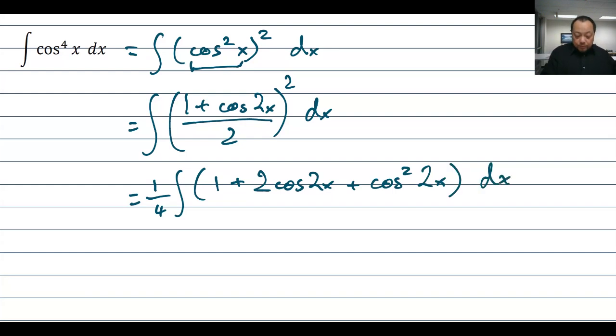All right, the first term, no big deal. Integral of 1 is x. Second one, integral of cosine is some kind of sine. I still don't know how to do this. Cosine squared of 2x. I'm going to do the same thing again. I'm going to apply the same double angle formula again. This cosine squared will become 1 plus cosine, and then the angle is doubled up, so it's now 4x divided by 2.